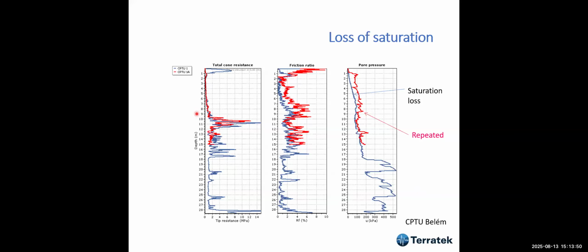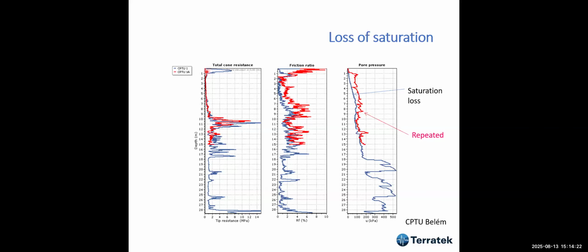This kind of test I have done long ago. First of all, we tried to push the blue line. We tried to push the cone from the start, from the ground level. And then I didn't like the results very much. I thought the saturation may not be very good here, and I decided to do something different. We carried out a small borehole, 50 centimeters, 1 meter, I don't remember, and we filled it with water.